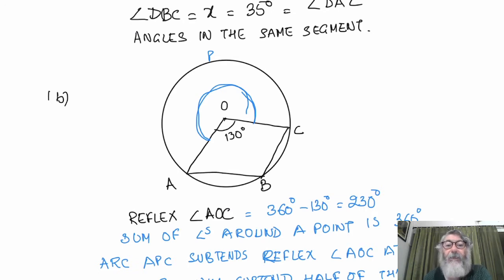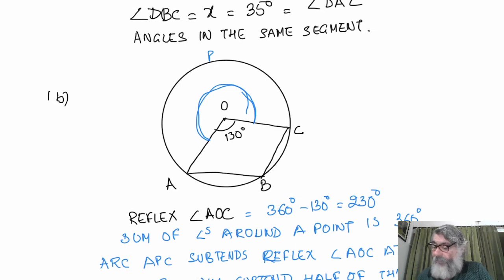If a major arc is subtending an angle at the center, it will always make a reflex angle at the center. Remember that. A minor arc will always subtend a non-reflex angle at the center, and a major arc will always subtend a reflex angle at the center.